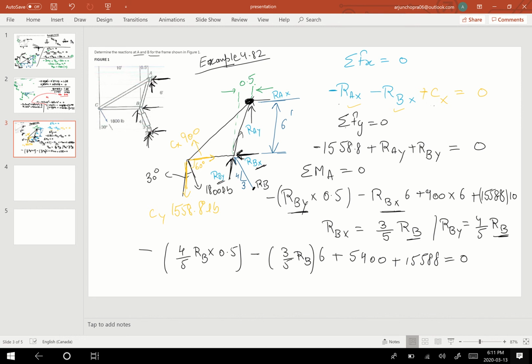So I've written down my equation and I want to find the value of RB from here. Let's do the calculation part now.